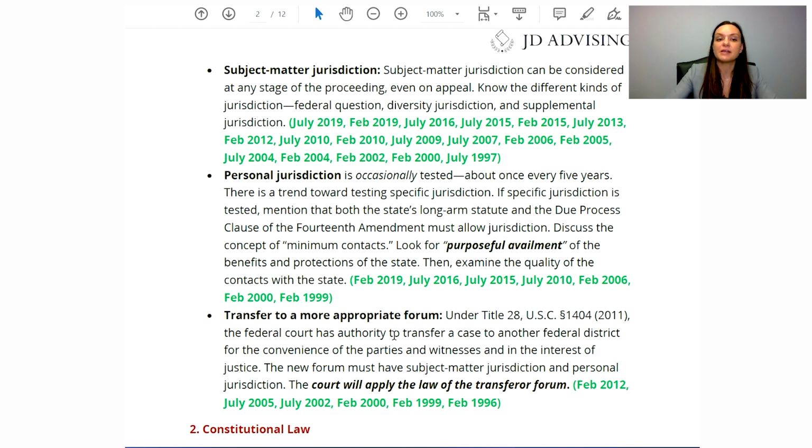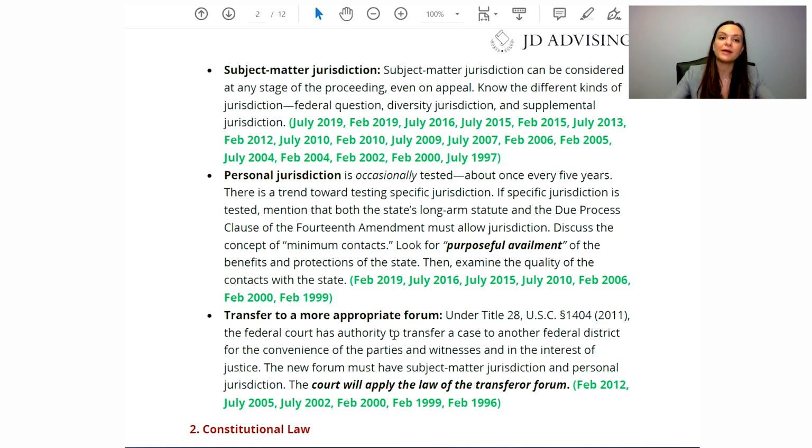I always like to think of supplemental jurisdiction as like the jurisdiction of last resort. So even though they like to test it, and even though it's been the correct answer, whenever it is the correct answer, the examiners also evaluate the other categories first, which means they're giving you points for your discussion and evaluation of federal question and diversity jurisdiction, even if you simply say it doesn't exist or that it is not applicable.